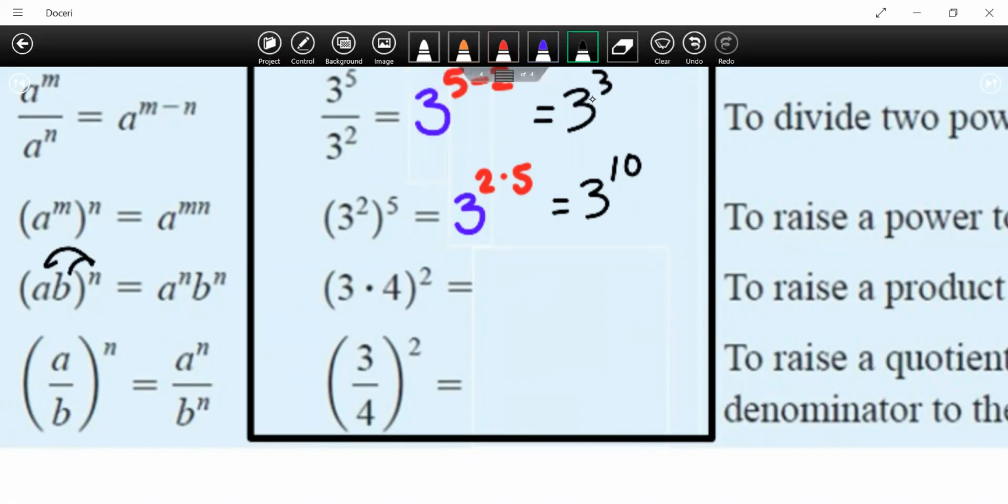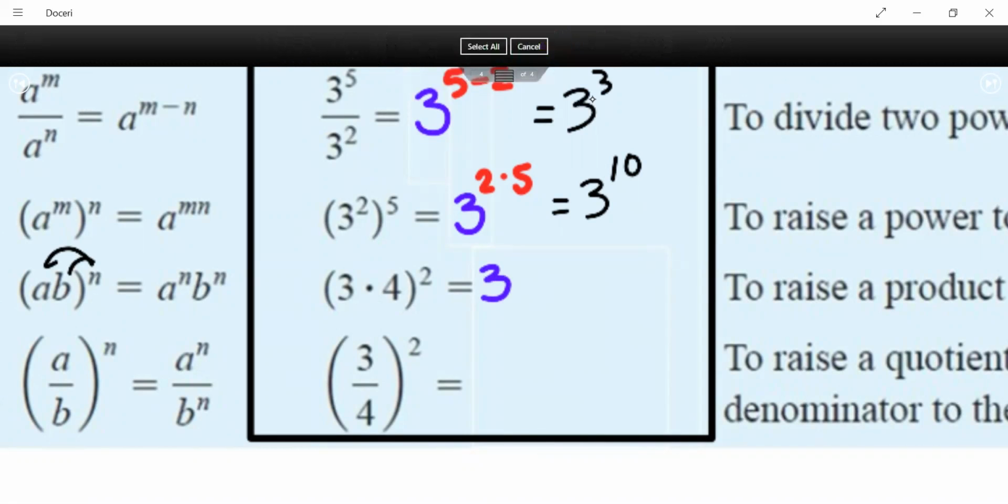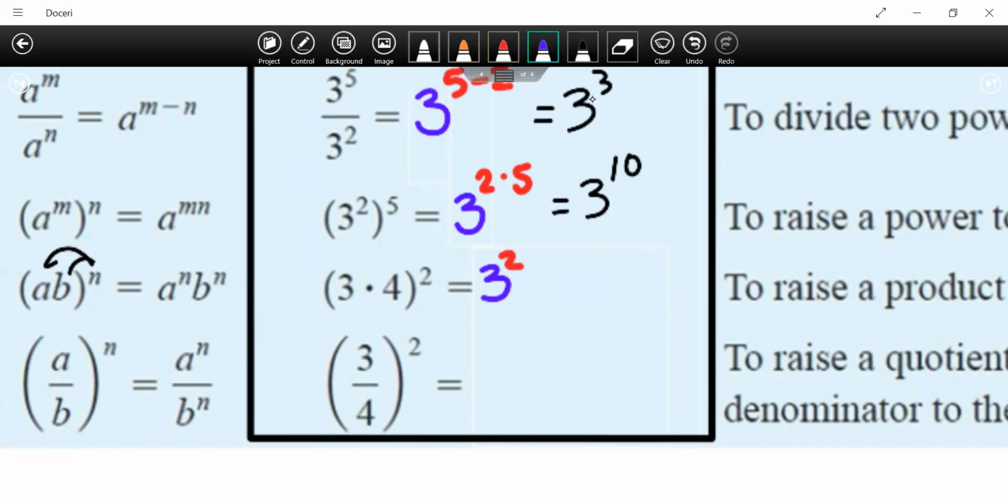So it'd be 3 squared and it would be 4 squared. If they're just two numbers, you can also just multiply a and b together to simplify it out. I'm okay with that. But in case we get different variables that we have to solve for, we've got to be able to do that.